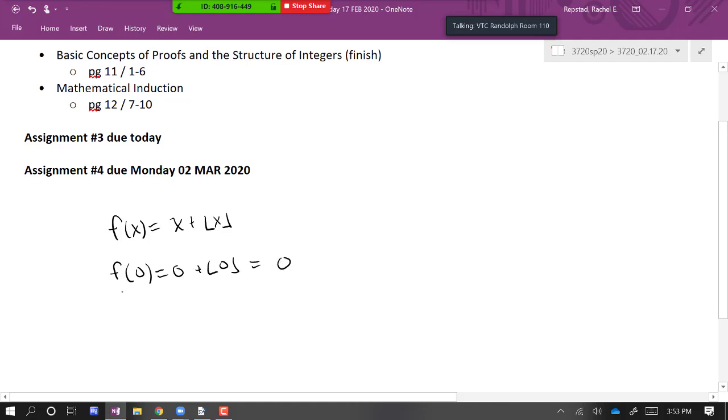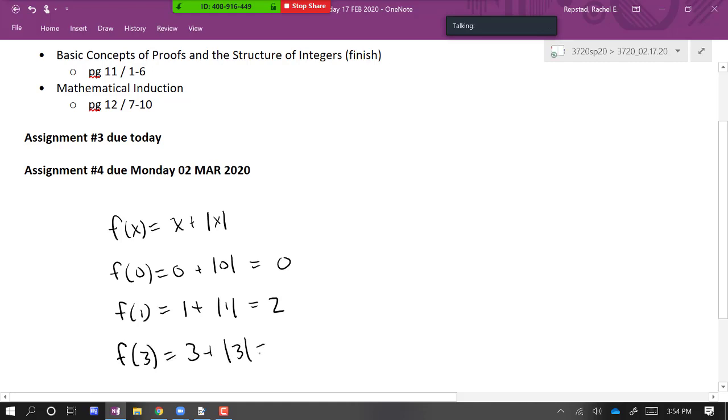We might throw some rationals or irrationals in. Oh, whoops. Sorry. Absolute value, not floor function. So that gives us 2, f of 3, and that gives us 6.